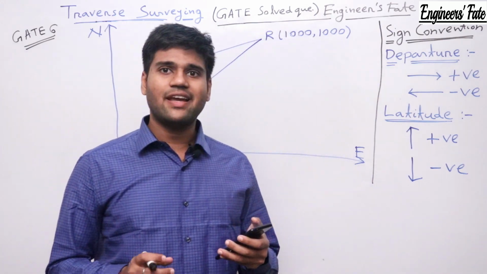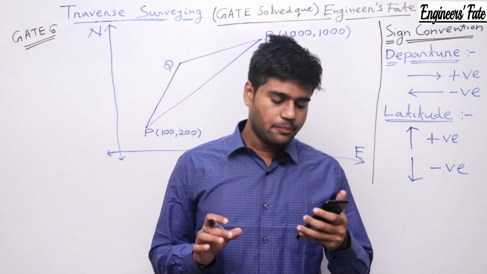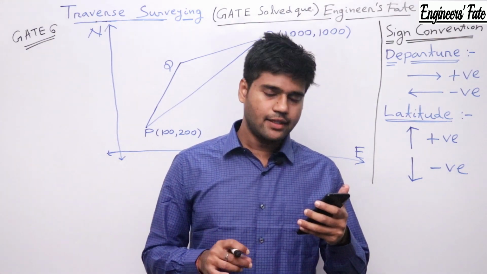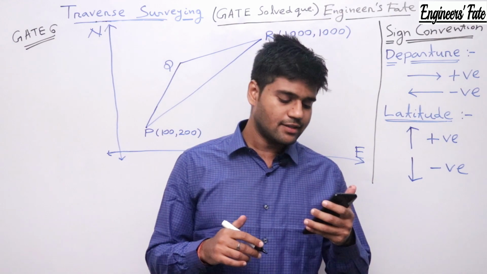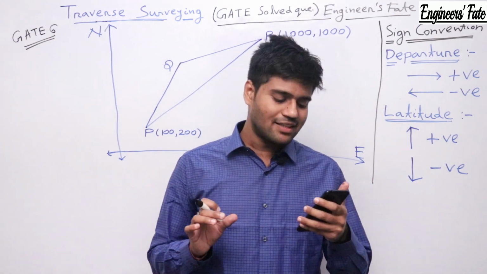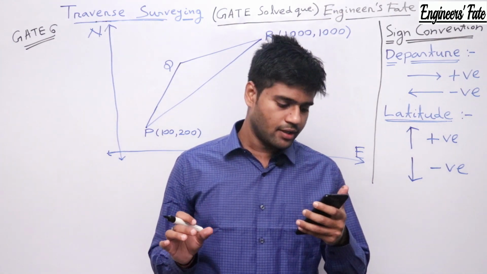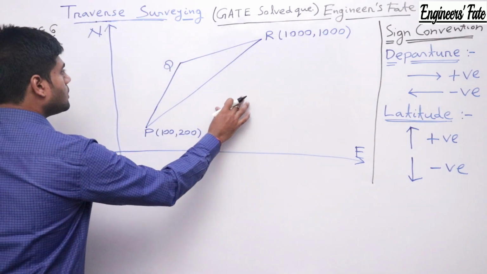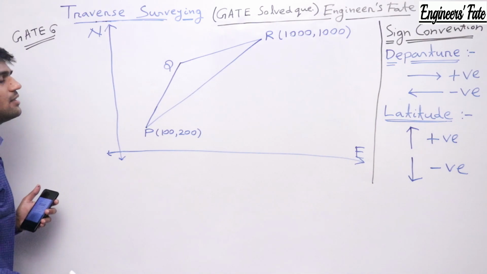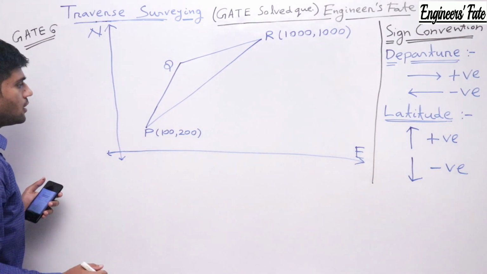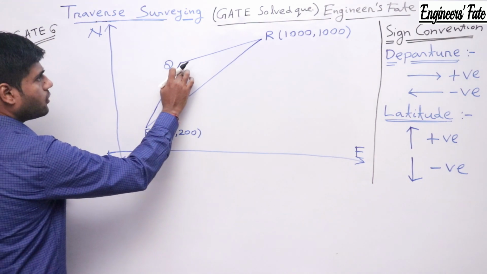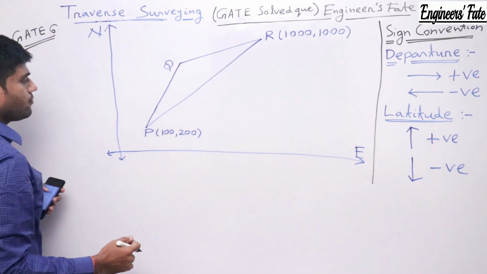So in the question he has given a figure, a length PQ whose whole circle bearing is 30 degree, length QR whose whole circle bearing is 45 degree, and he has asked the length PQ and QR. I have also drawn the figure as in the question. So see, point P is this, point Q is this, point R is this.